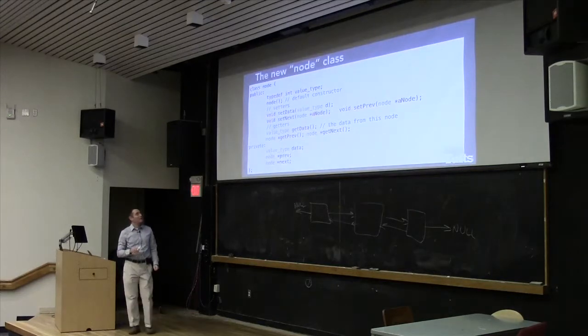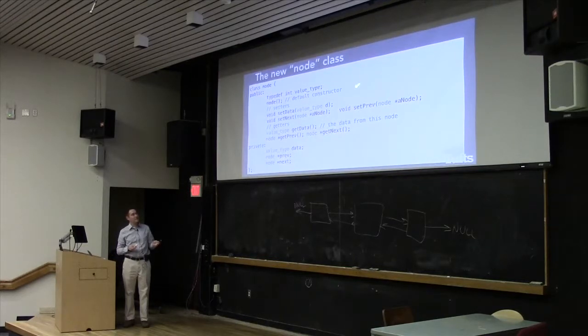Let's take a look at how we would change our node in this case. It's actually pretty simple, right? I don't want to belabor the point. The only thing we really need to do to change this node: the set data is going to be the same for our node. The set next, instead of last time when it was set link, is now just set next, right? Because it's the next one. We're also going to have a set previous, right?